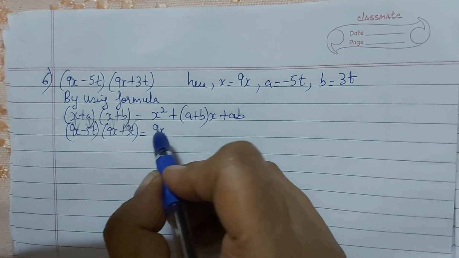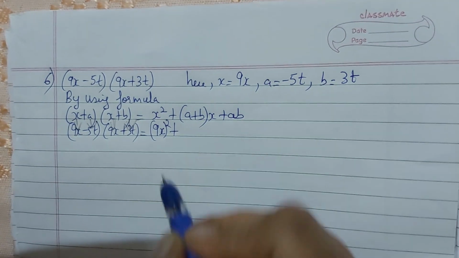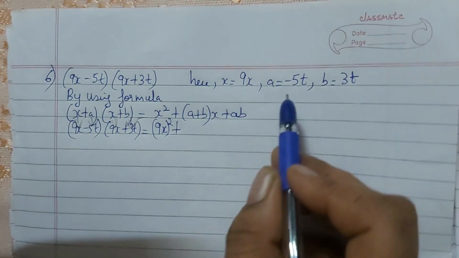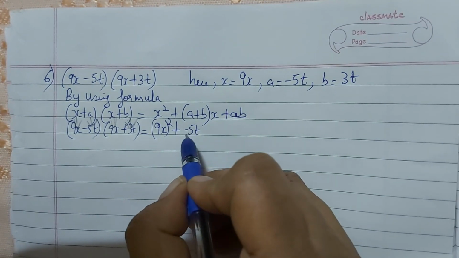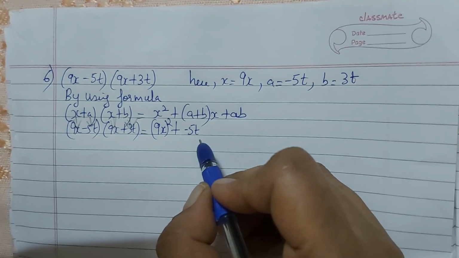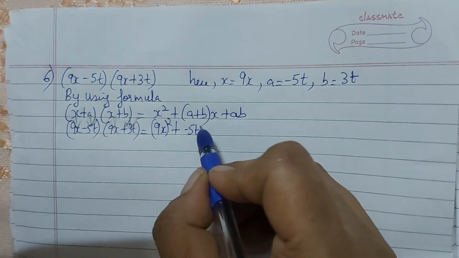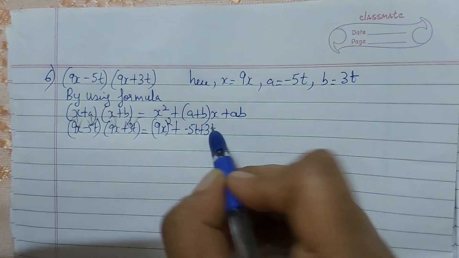Okay, now put this bracket, put this square sign, plus a's value is what? Minus 5t, so minus 5t. Now minus sign is there, so we will put this whole thing in the bracket. Okay, because first we will remove this plus. Now b's value is what? 3t, so we will write 3t.